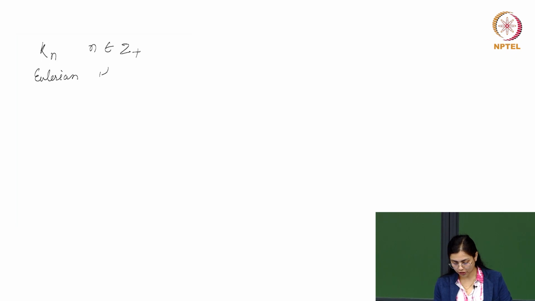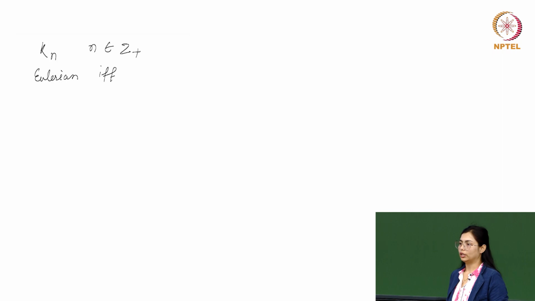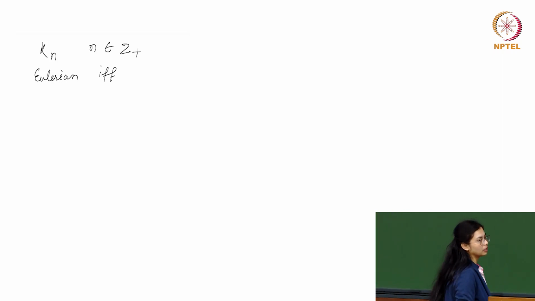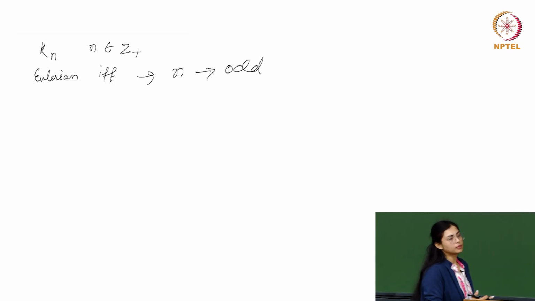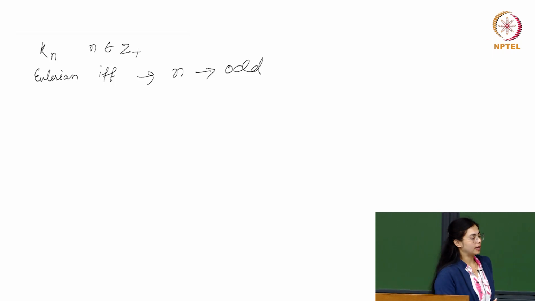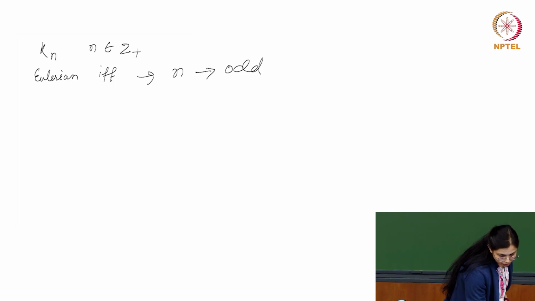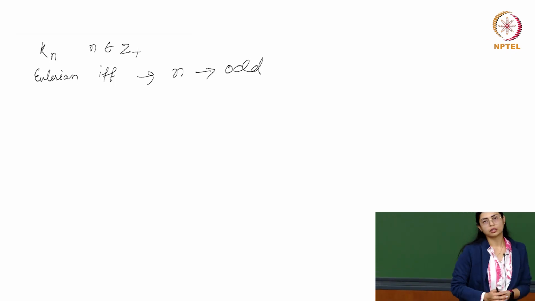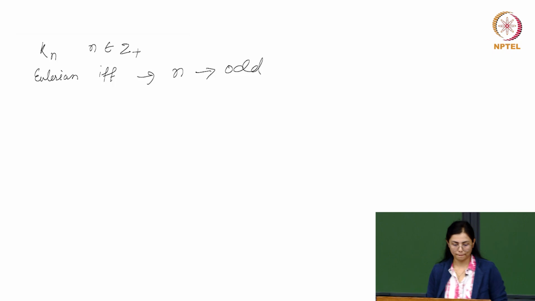The necessary and sufficient condition for when a complete graph will be Eulerian should be that n is odd. And for Hamiltonian, I think there will always exist a Hamiltonian path. Just a minute. Yeah, for Hamiltonian, n could be anything, right?